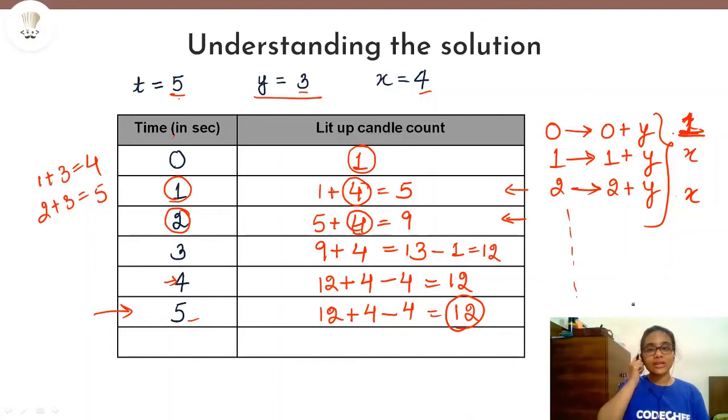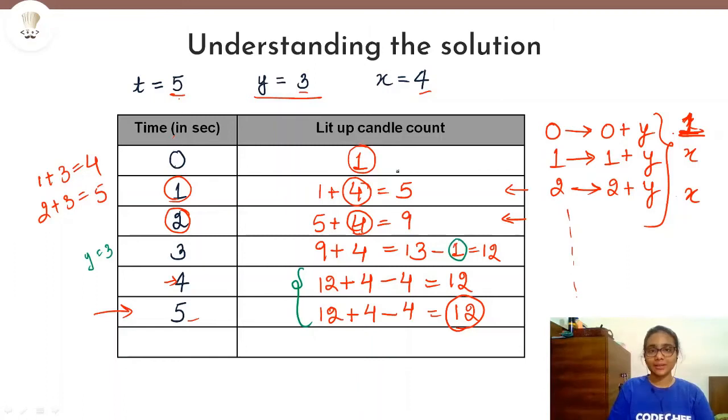For the 0th second, it will be different. Here just one candle will get extinguished, but for the rest of them, x candles are getting extinguished. So what can we say about the solution? You can see here that after y seconds, that is 1, 2, 3, y equals 3, right? After y seconds, a fixed number of candles are getting extinguished. Before these y seconds, the candles will not get extinguished apart from this one candle, which is fine because this was the initial candle that we already had.